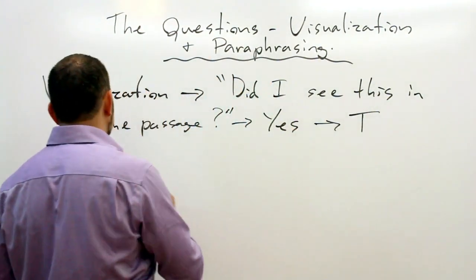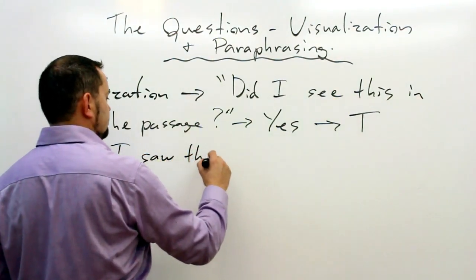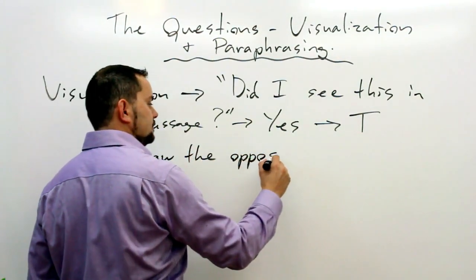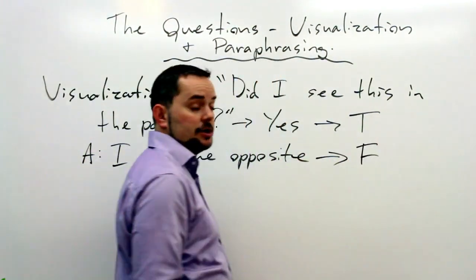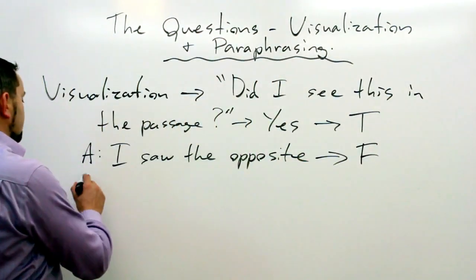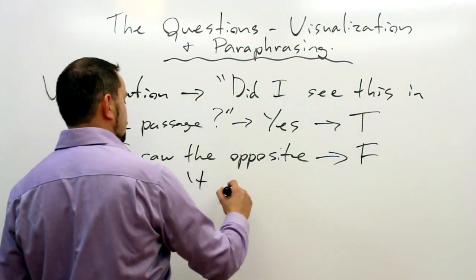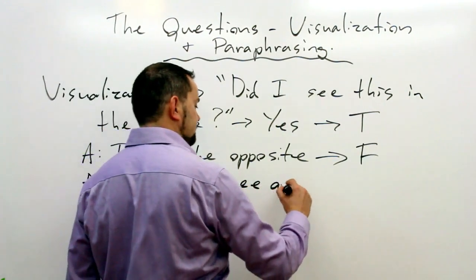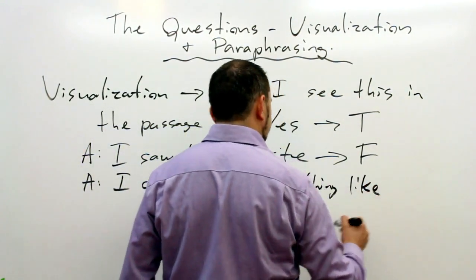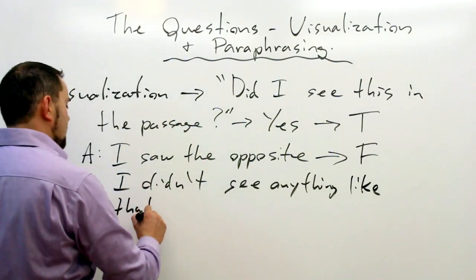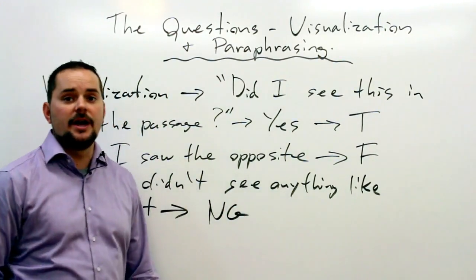If your answer is, I saw the opposite, then likely your answer is going to be false. If your answer is, I didn't see anything like that, then your answer should be not given, okay?